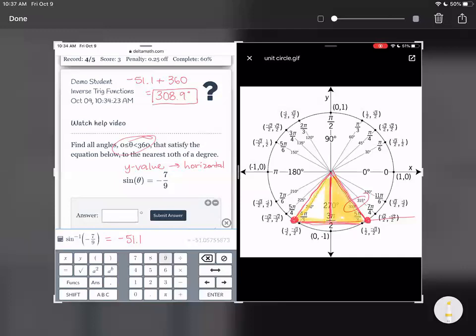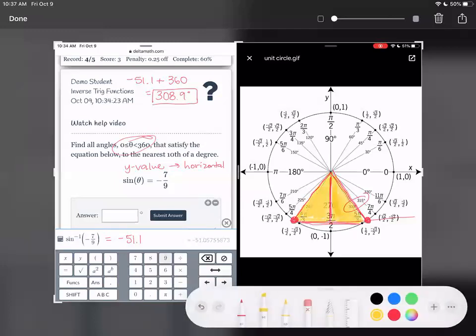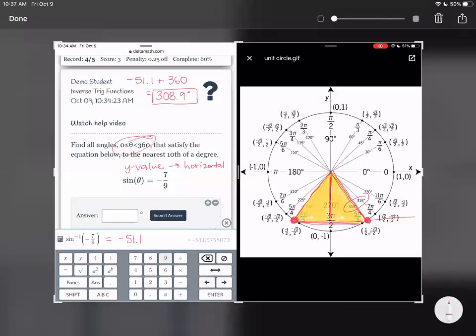They are congruent because it is just a reflection. For our first triangle, we know that this one is 308.9, and then we just need to find this angle.